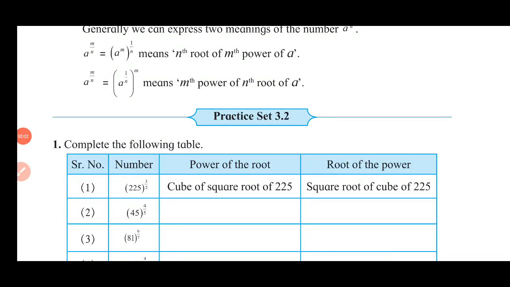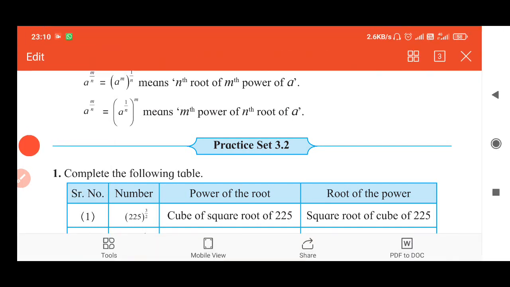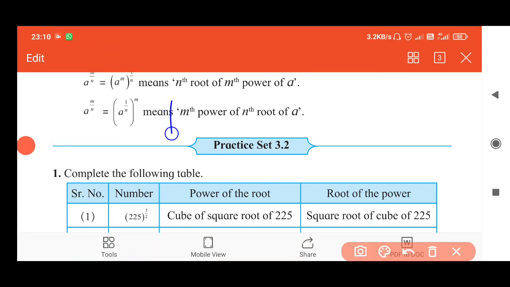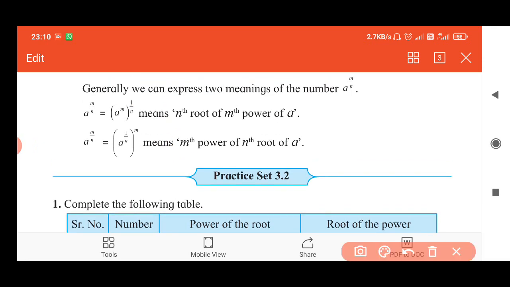Welcome students. Last period you learned the two meanings of the number a raised to m upon n. Here, a raised to m upon n means the nth root of the mth power of a, or a raised to 1 upon n, raised to the mth power, is the nth root of a.